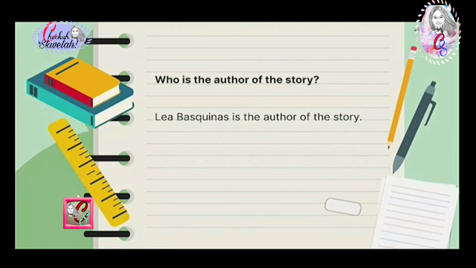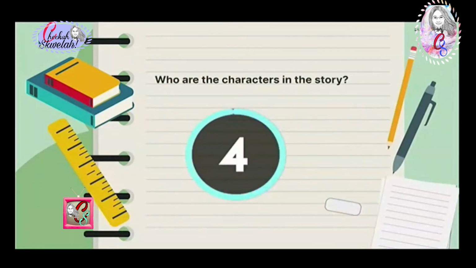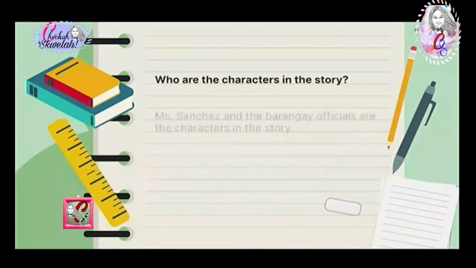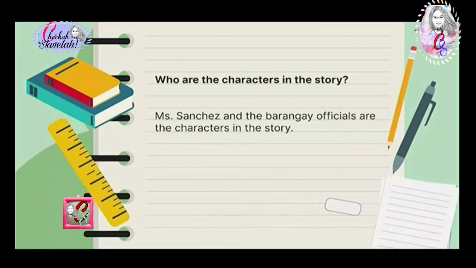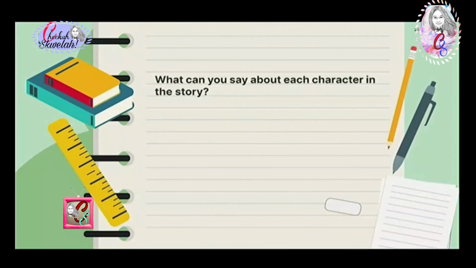For number 3 question, who are the characters in the story? If your answer is Miss Sanchez and the barangay officials, then you're right. Number 4 question is, what can you say about each character in the story?